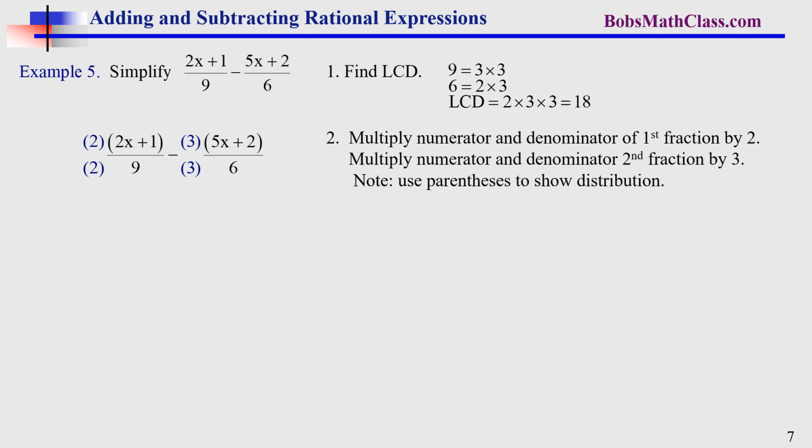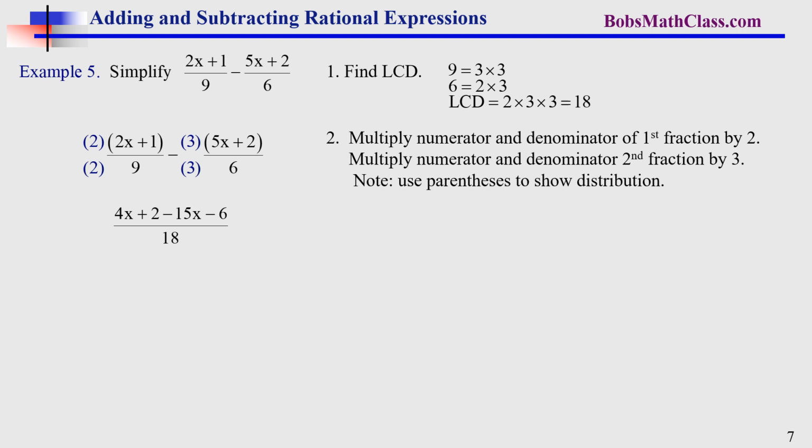So 2 times (2x plus 1) over 9 minus 3 times (5x plus 2). The bottom will just be 18. So 4x plus 2 minus 15x minus 6. So that minus 6, that's where people make a mistake.